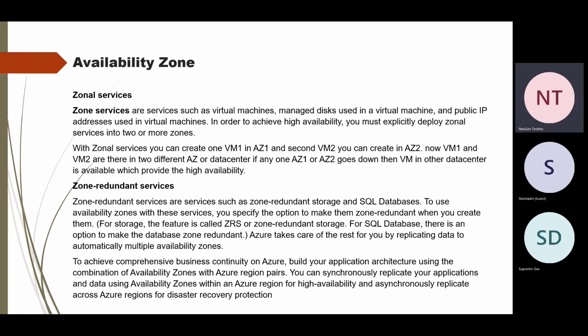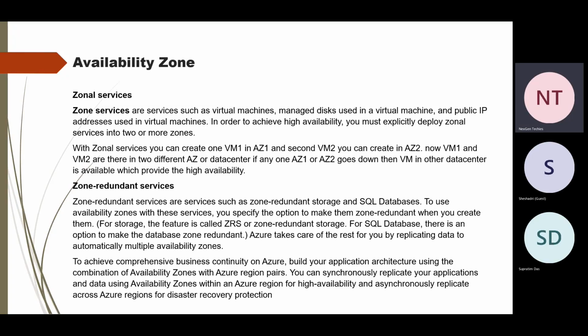But what about your storage? Your data is stored on the storage, right? So that storage should be replicated to all the availability zones. If you are using two availability zones for HA, then your storage should be replicated between the two availability zones. To have your storage highly available, you have to configure the zone redundant services.